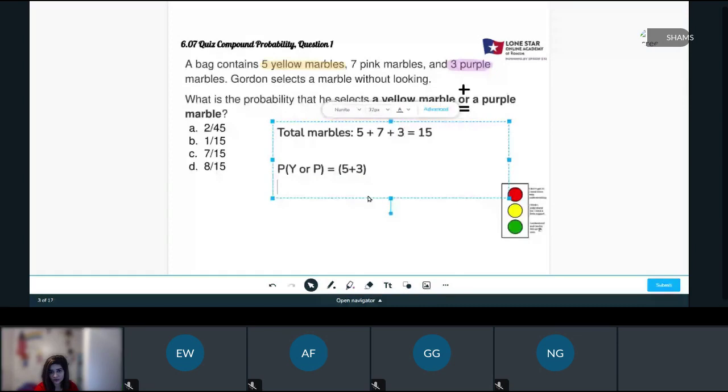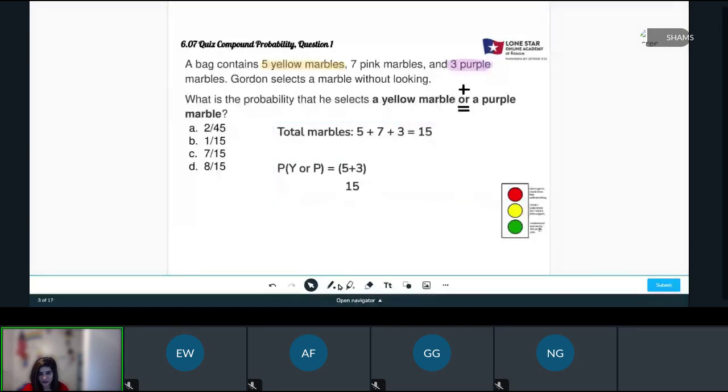That is how you will find the probability of yellow or purple. 5 plus 3, and you get 8 over 15. That is the chance of picking either a yellow or a purple marble.